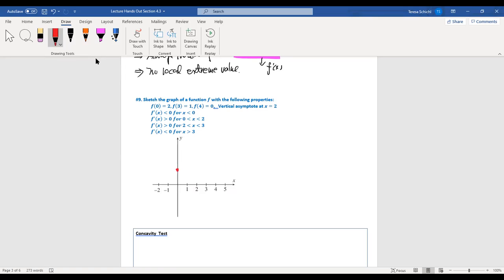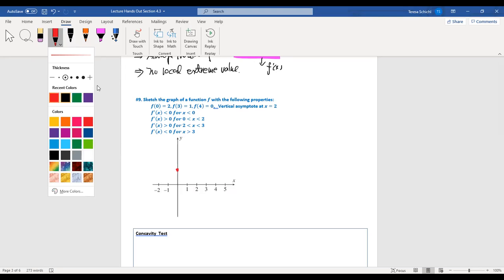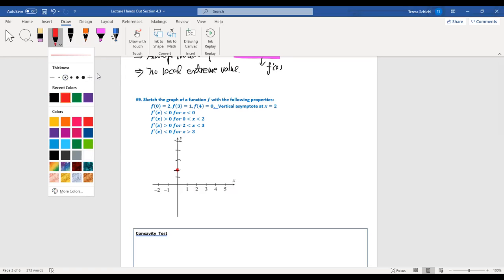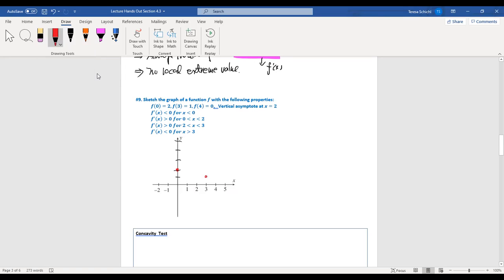Let's mark it a little bit. So this is 1, 2, 3, 4, 5, something like that. So f of 0 equals 2, f of 3 equals 1. So this will be my another point here. And f of 4 is equal to 0 here, okay?